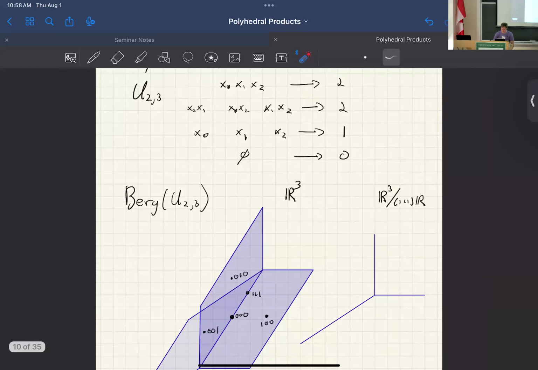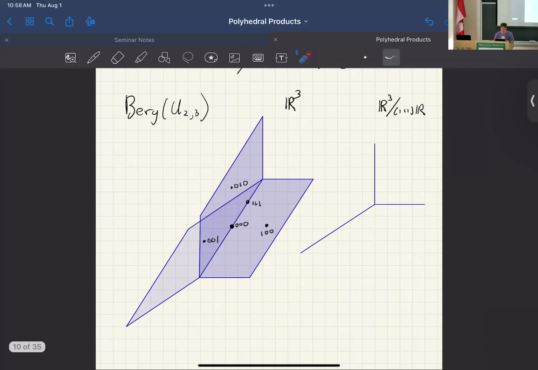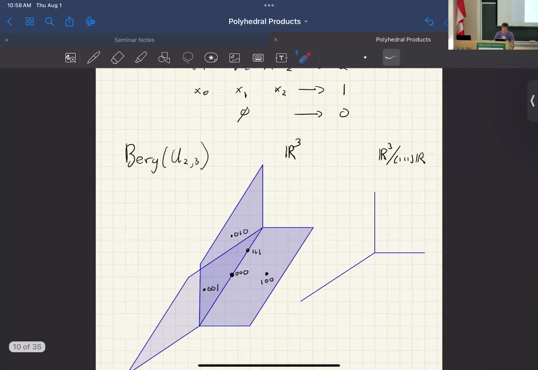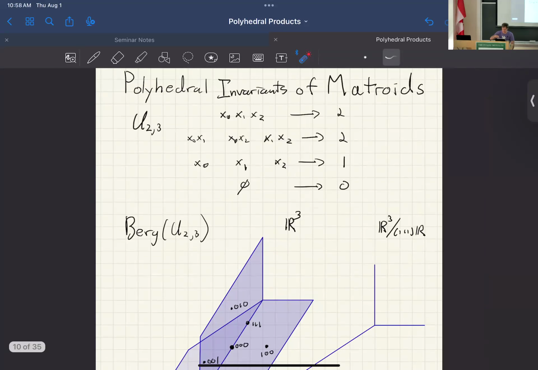Second up, we have the Bergman fan of the same matroid, U_{2,3}. Looking at the lattice of subsets and the rank function, we need to remember that for flats, when you add any element, the rank goes up. So none of the pairs are going to be flats, because the rank doesn't go up when we add the missing element.